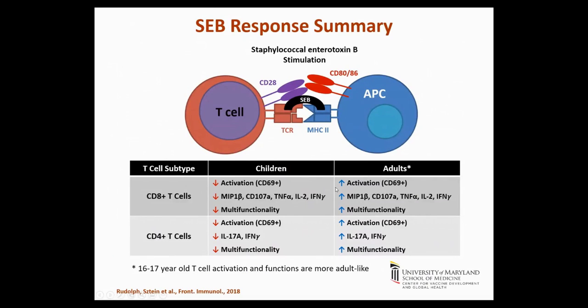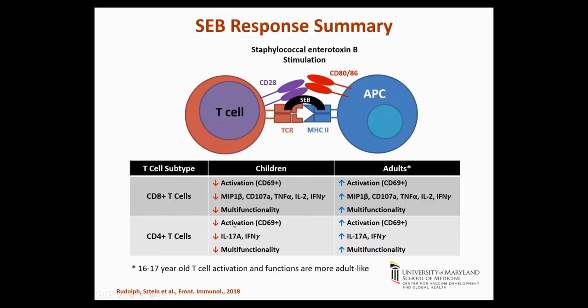So in summary of the SEB response, we can see that children have decreased activation, decreased responses. I didn't have to show you the individual data, but this is published in Frontiers in Immunology in 2018, in which many cytokines are produced at lower levels in children, and particularly the multifunctionality is lower in children than in adults.